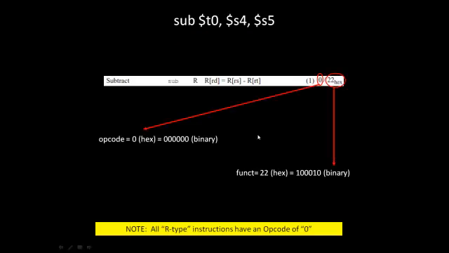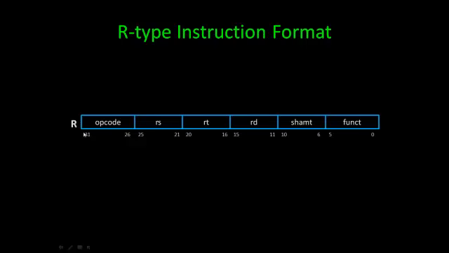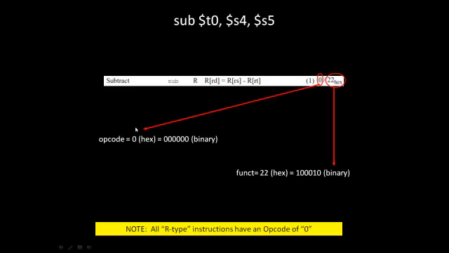Okay, first off, we go to our MIPS reference sheet and look up the subtract instruction, and as you can see here, the opcode is 0 hex, which corresponds to 000000 in binary. We had to convert that into a 6-bit binary number due to the fact that the opcode is a 6-bit field.